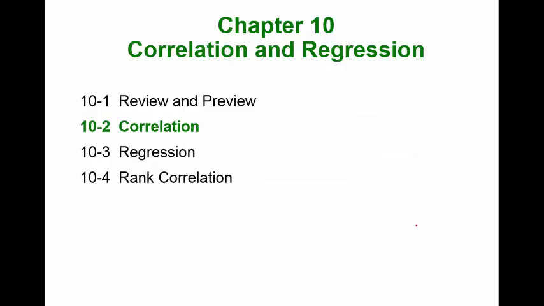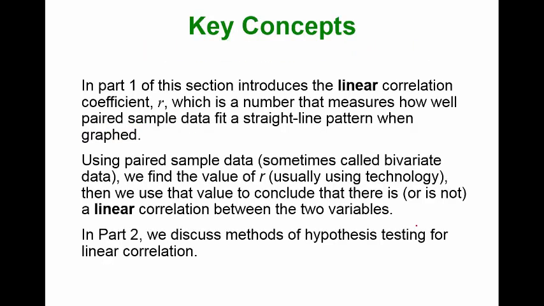So here's our correlation section, 10.2. The idea here is we're going to work on the linear correlation coefficient. We're going to introduce a new value, a statistic that we're going to find from a paired data set. This linear correlation coefficient, value r, gives us the measurement of how strongly the sample data fit a straight line pattern.